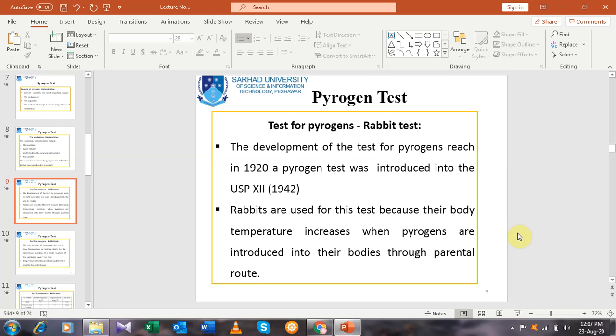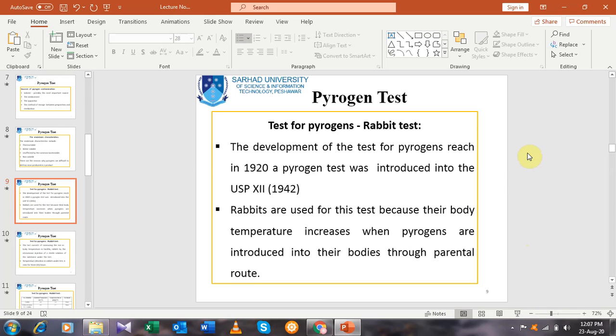The development of this test, the test for pyrogen, dates to 1920. The pyrogen test was first developed in 1920, and the test was also introduced into the USP 12 in 1942, when it became part of the United States Pharmacopoeia and became official. But remember that it was first developed in 1920, and it is performed on rabbits.